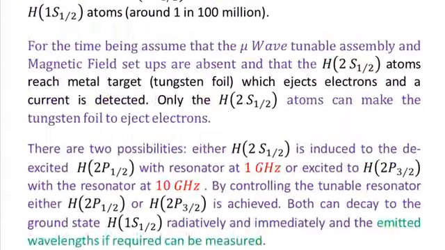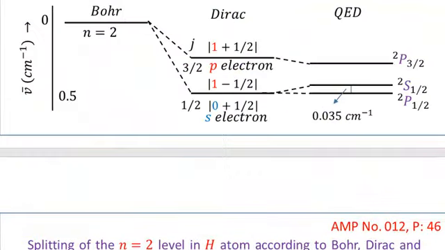That is, the energy gap between 2s1/2 and 2p1/2 can be measured precisely when a dip in current is recorded, which is the Lamb shift.